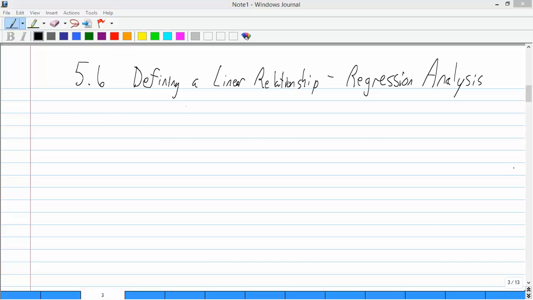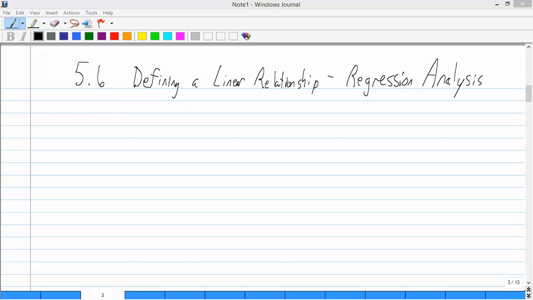Alright, so think about the word linear and what that means. Usually we're taught at an early age that linear means straight. So if you're looking at a line that is linear, or an equation that represents a line that is linear, then that would represent a straight line, right?